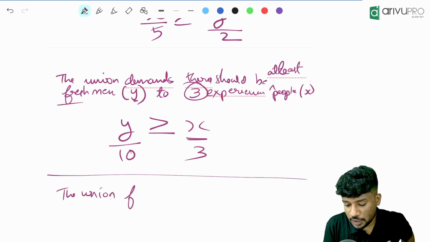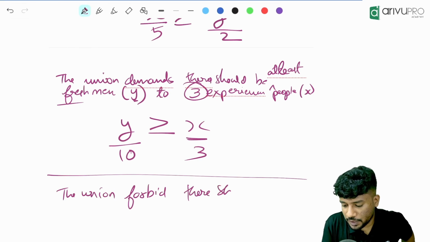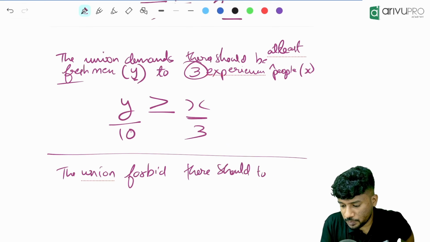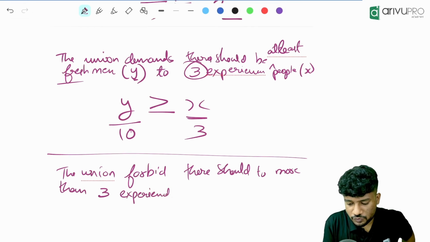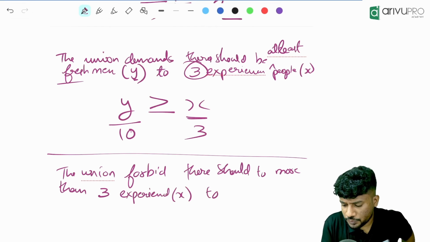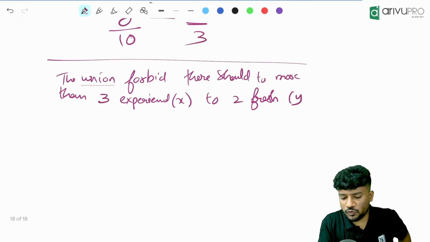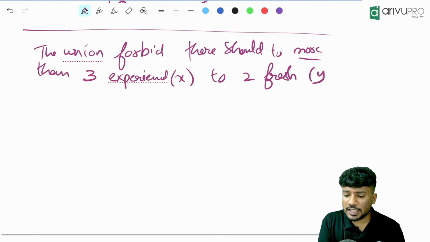The union forbid, there should be more than 3 experienced, denoted with X, to 2 freshmen, which is denoted with Y. Forbid and more than is coming.